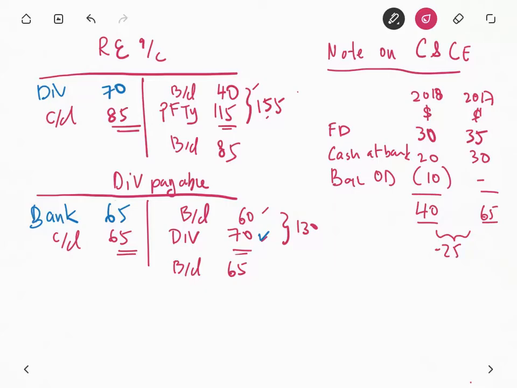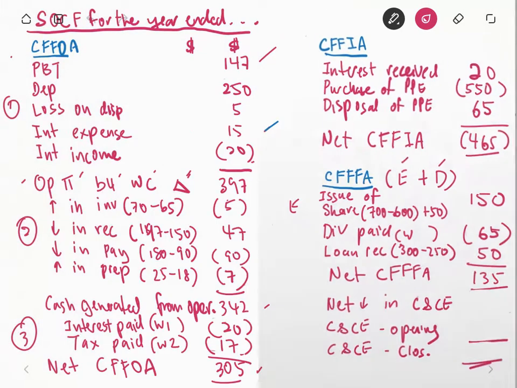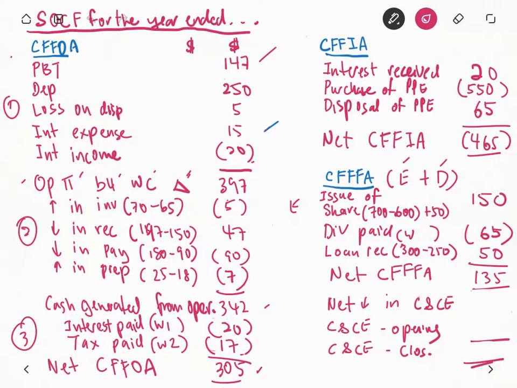There's a drop by 25. Okay, now let's close all the cash flow. You take 305, 465, and 135. 305 minus and plus. Do you have increase or decrease? Up or down?